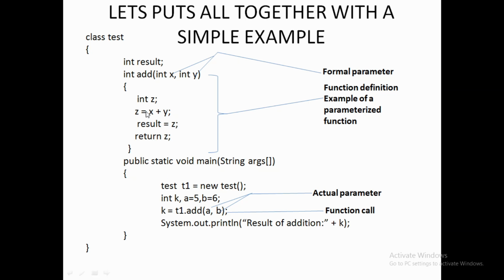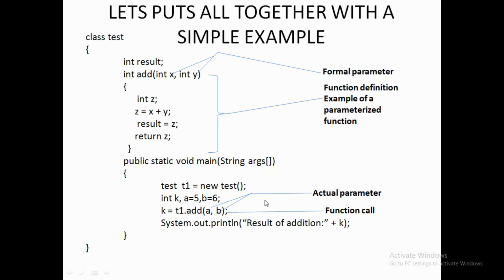Now the rest of the part is very simple. The result of addition of 5 and 6 occurs, that is 11. It gets stored into the variable result, and that value 11 is returned, and that value gets stored into k, and the value of k is displayed.